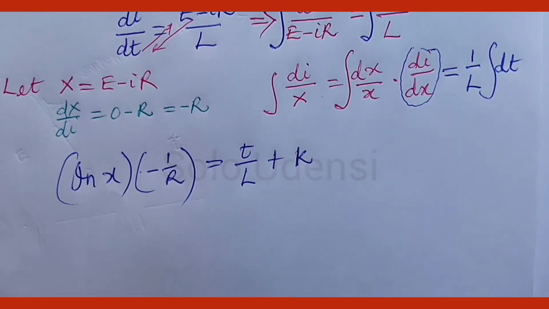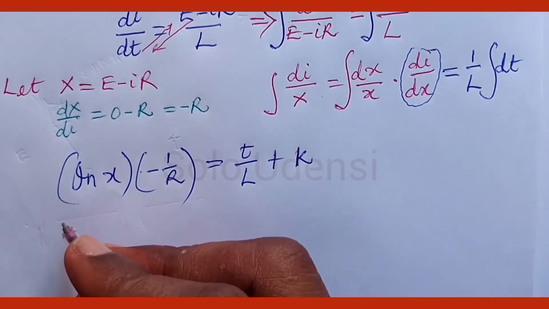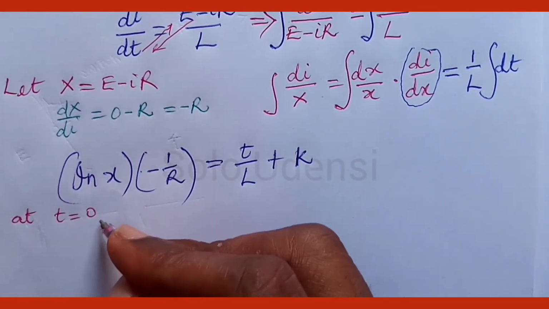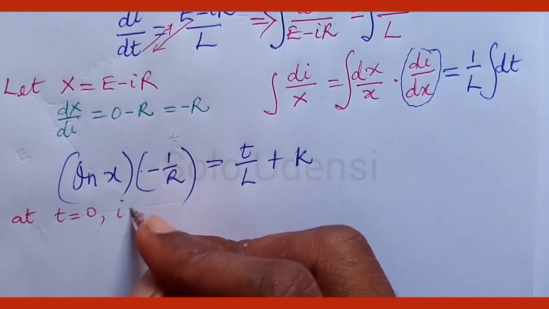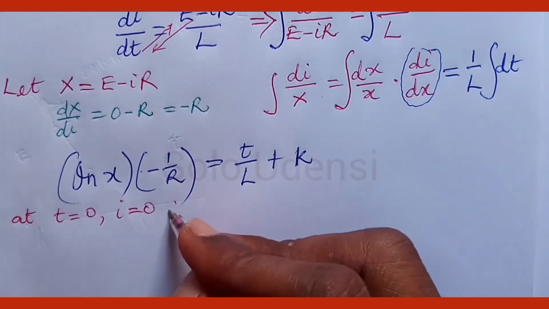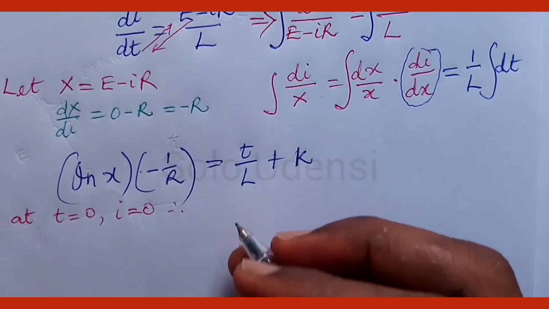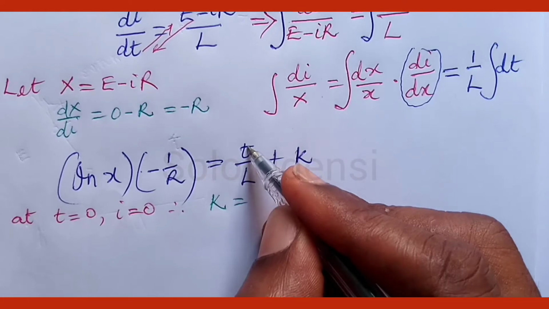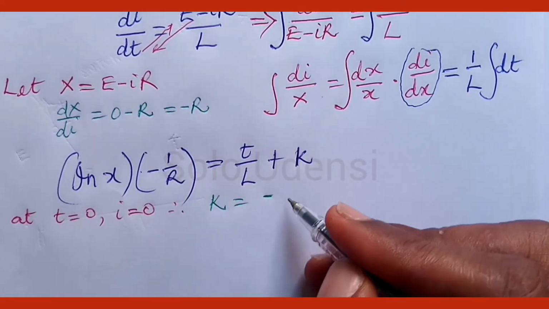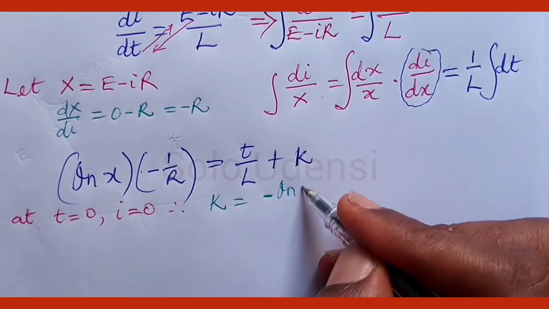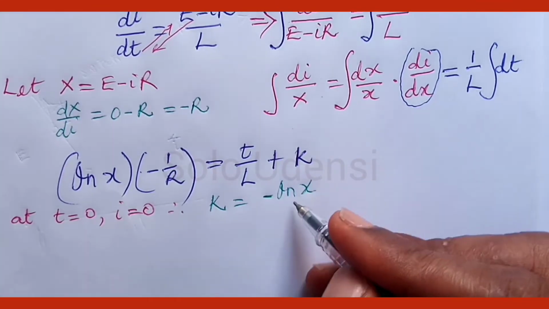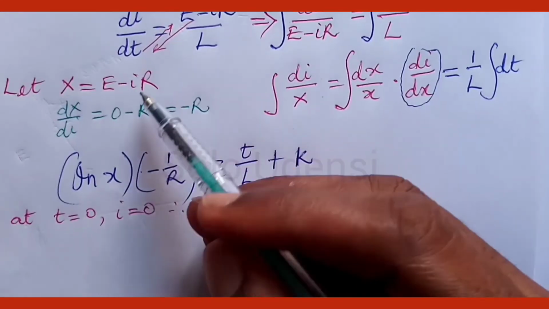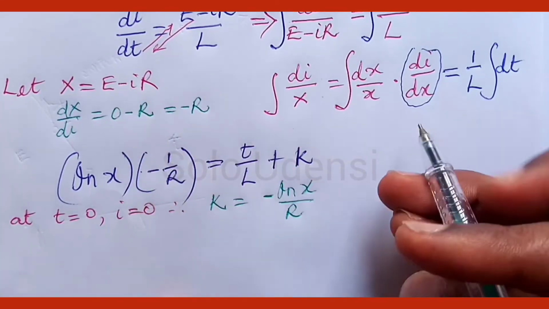In order to find the value of the constant of integration, we say at t is equal to 0, there's no current flowing. Therefore, k is equal to, this is 0, minus log x over r, and x is equal to E minus IR.